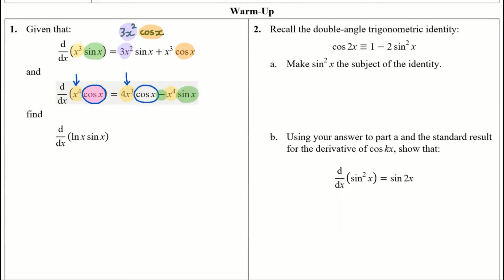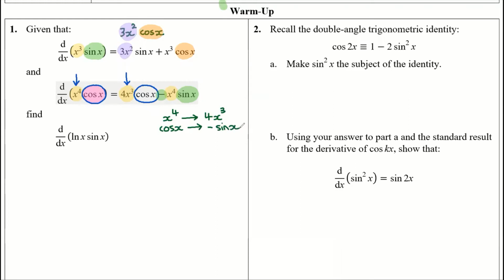So if I just make a little list of what we've got, it looks as though we have x to the power 4, which we know differentiates to 4x cubed. We've also got the cosine x, which I know differentiates to negative sine x.